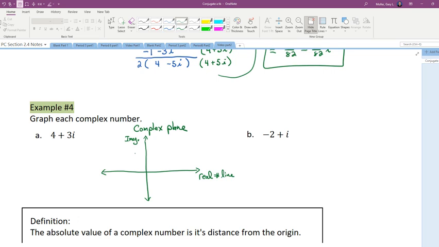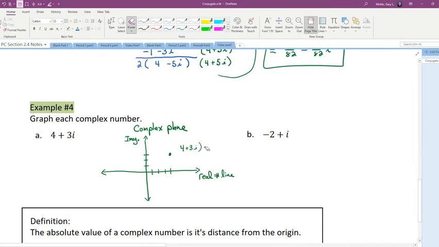And so when we're going to graph 4 plus 3i, it's kind of like an X and a Y. 4 on the real number system, so we're going to come over to 4. And then 3 on the imaginary puts us up here at that point. So that is the point graphed on the complex plane. That is 4 plus 3i.